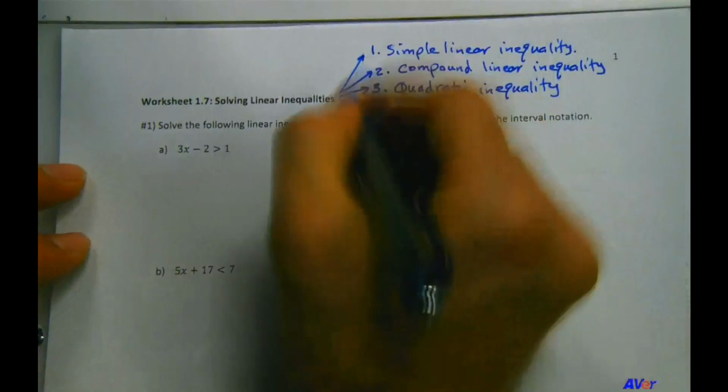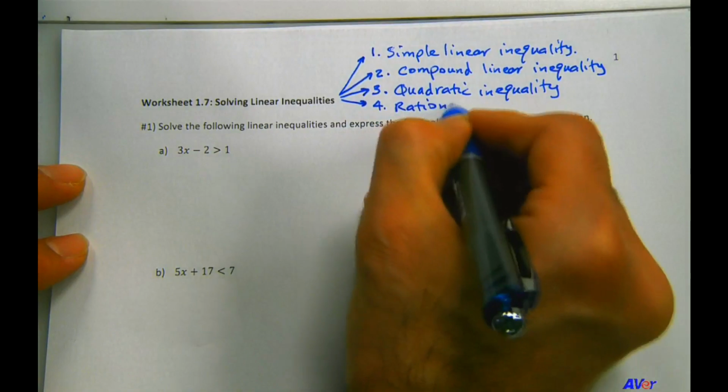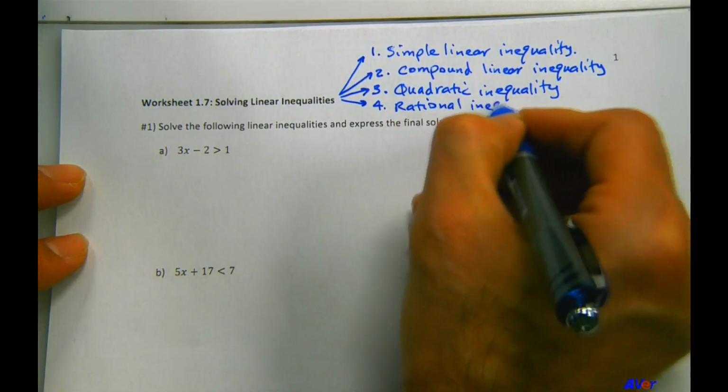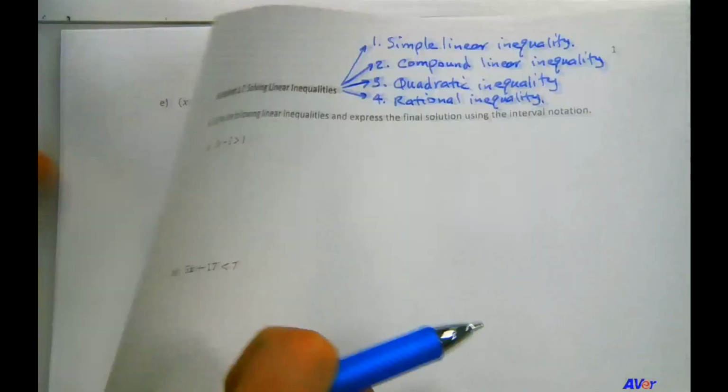And the other one is the rational inequality, just like the one you see here on page 3 of the worksheet. And also this one, it's another rational inequality. Okay, so let me add that to this list. So number 4, rational inequality. I believe we also have, yes, absolute value inequality.